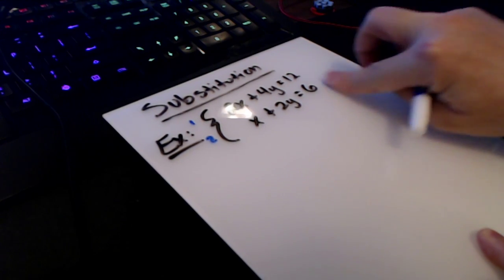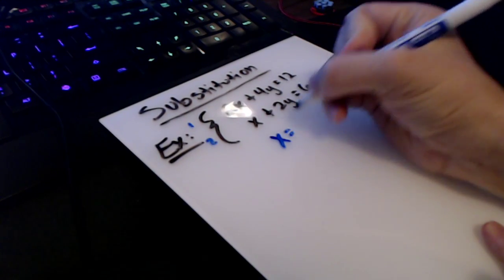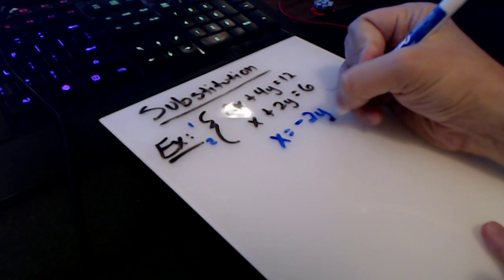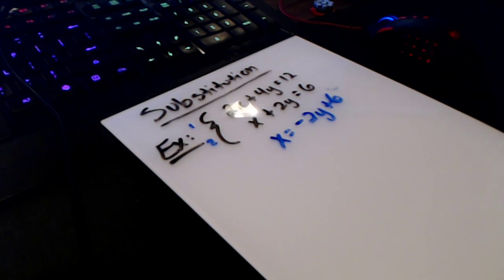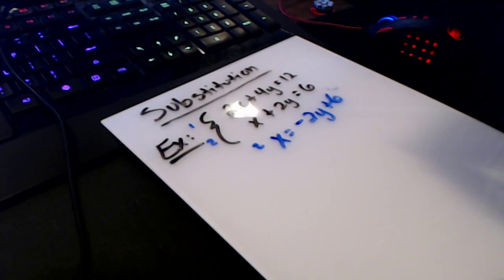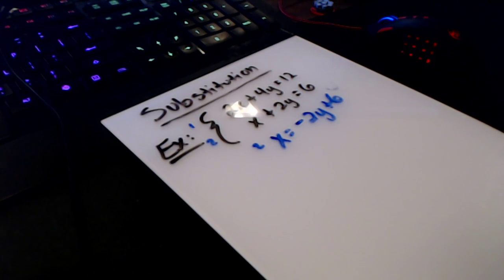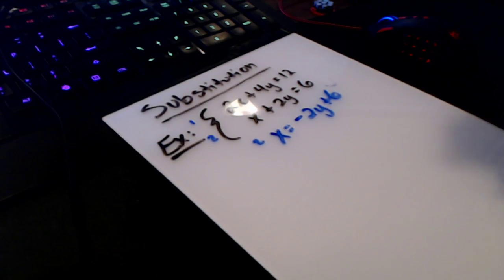It's kind of written off pretty poorly there to the side. Let me erase that real quick. X equals negative 2y plus 6. There we go. All right, and we used equation 2 for that. Make a little notation there. Now what we're going to do is we solve for x. So we're going to say, hey, let's look at equation 1 and substitute in.